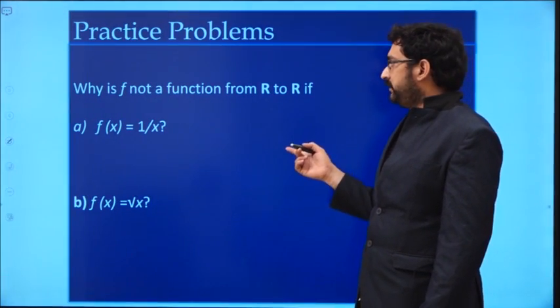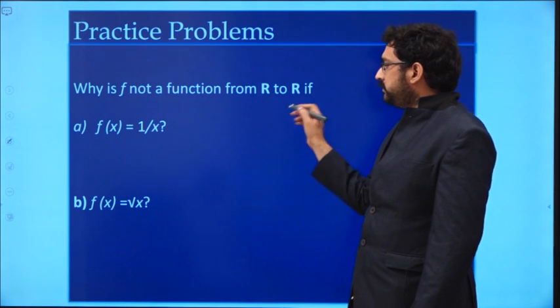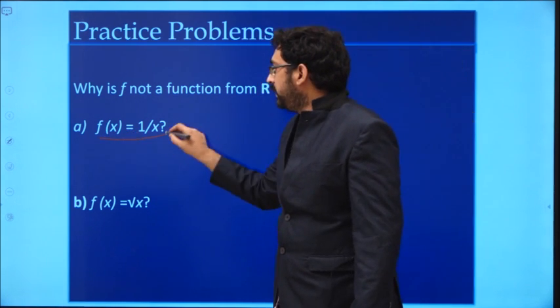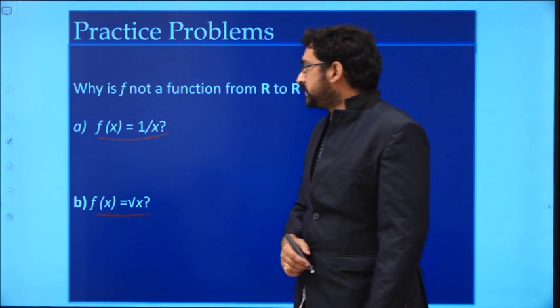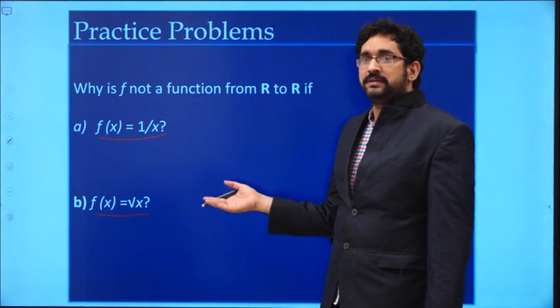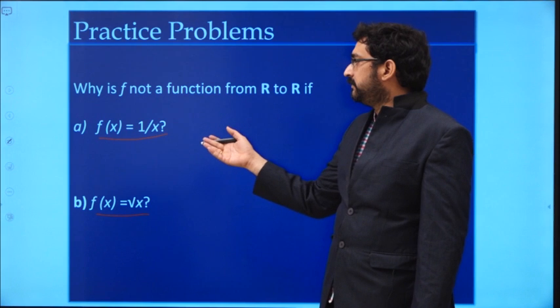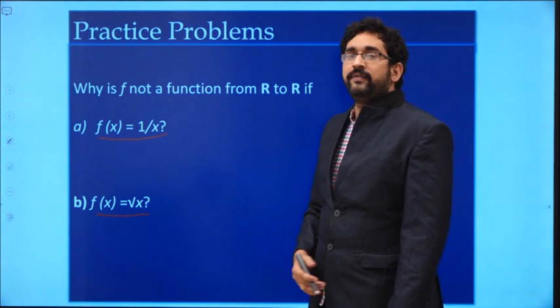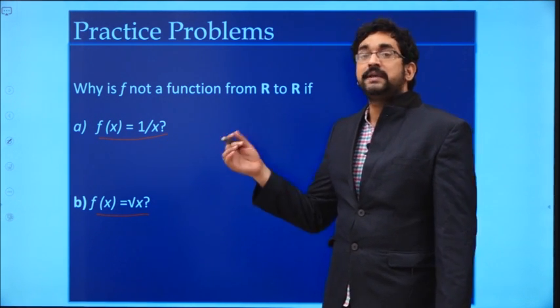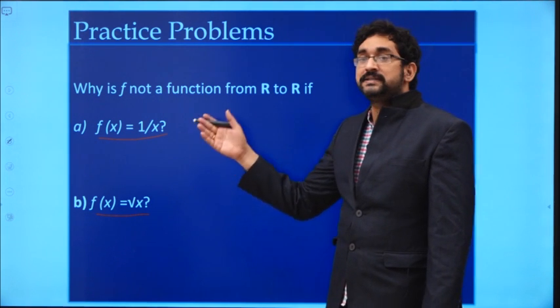Here some problems are given: f of x equal to 1 by x, and f of x equal to root x. We have to give the reason why f is not a function from R to R. For f of x equal to 1 by x, if you take 0, 1 by 0 is not defined.